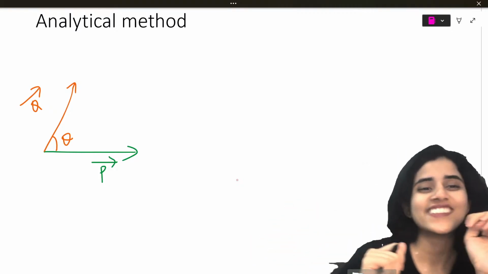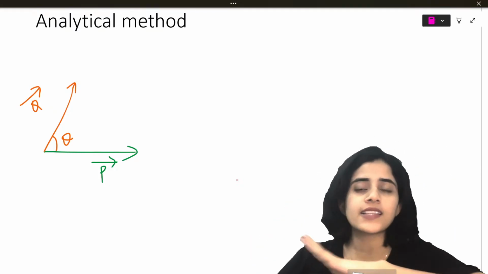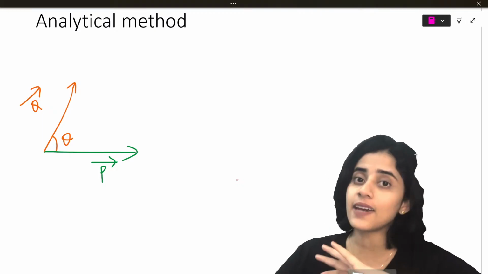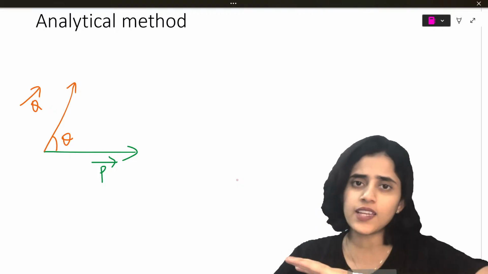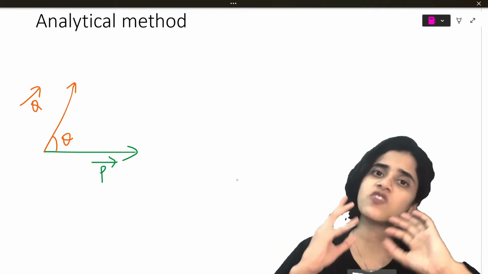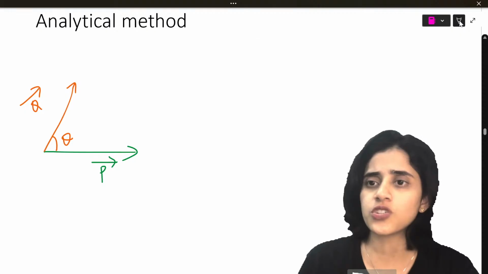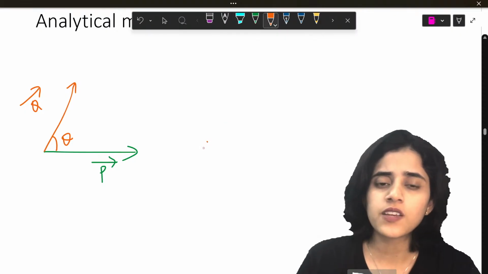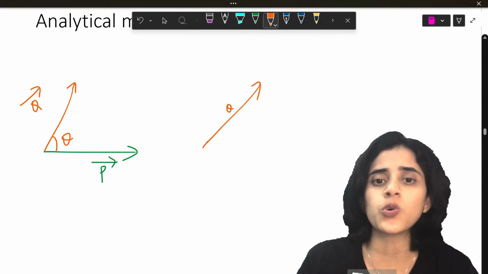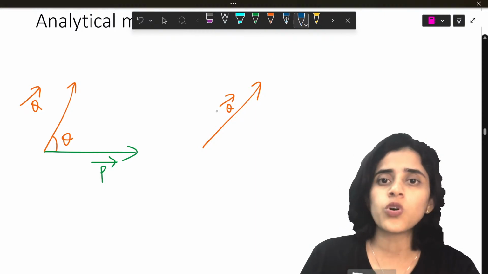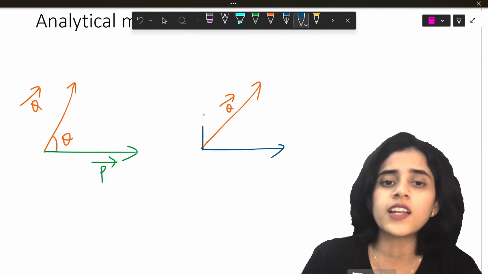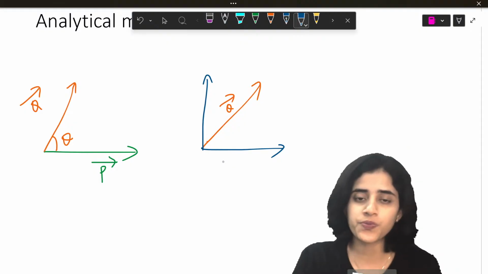P is along the x-axis or y-axis, I cap or x cap, so P is along a direction for which we can find the value. Q is at a random direction. So what you should do is take horizontal and vertical components for Q.